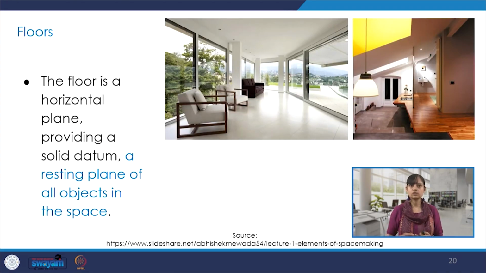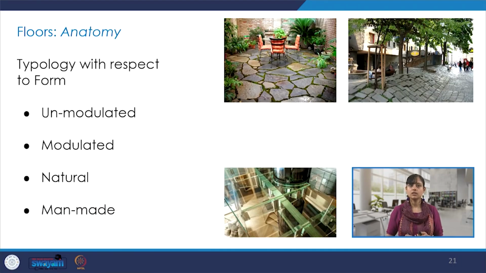The floors. So floor is again a very crucial building element. It's a horizontal plane and it provides reference for the entire space, and how different kinds of floor finishes can be achieved, and what is the purpose or function of floor. Different kinds in terms of anatomy, specifically focusing on the form.